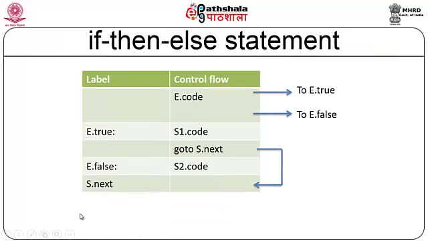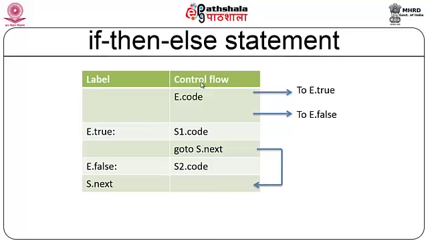Now, let us look at the if then else. This is simpler compared to if then. Again, E dot code, you evaluate two labels, one is true, one is false. Now, here I have two statements that are part of my LHS statement, that is, if expression is true, evaluate S1, else evaluate S2.